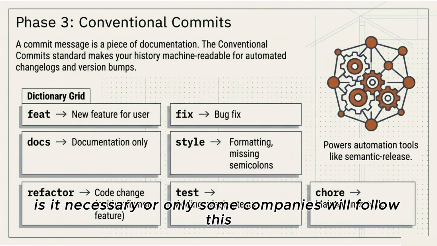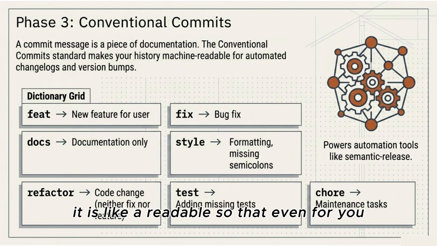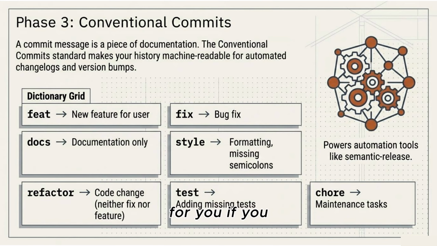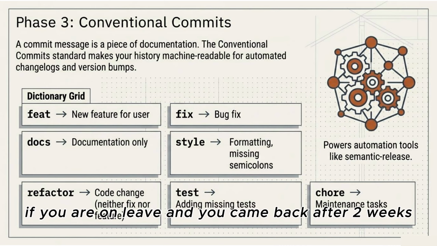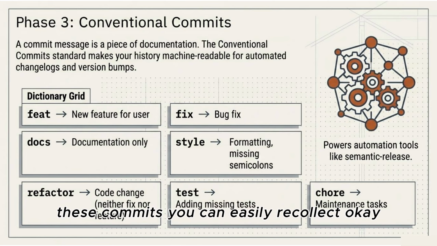Is it necessary or will only some companies follow this? It is readable, so that even for you, if you are on leave and you came back after 2 weeks, when you see all these commit messages, you can easily recollect.